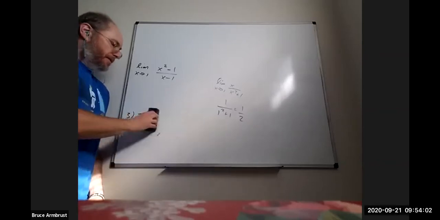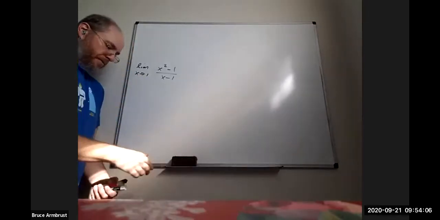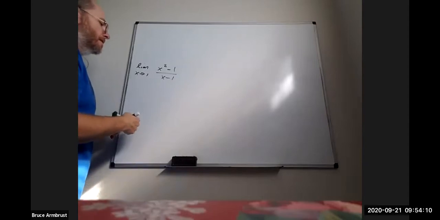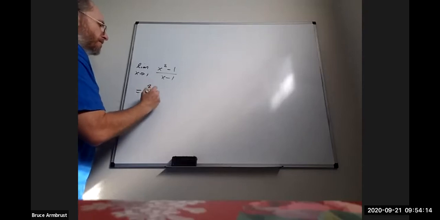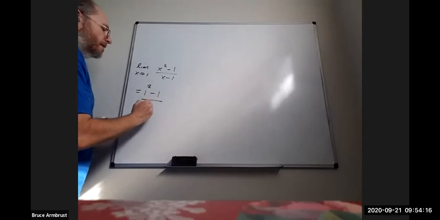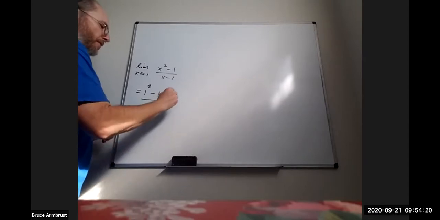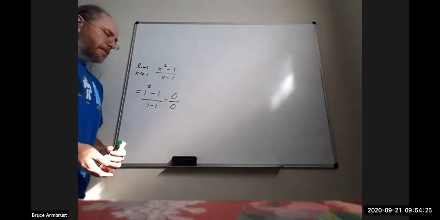If not, it looks a lot similar to this. Okay, so let's plug in those numbers and let's see what happens. So if we just try plugging it in, we're going to get 1 squared minus 1 over 1 minus 1, which is 0 over 0.